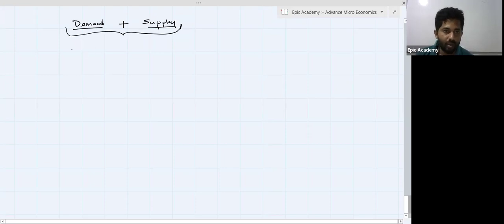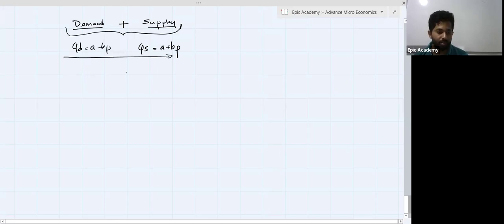Okay, we already discussed QD equals a minus bP and QS equals a plus bP. So now we have to identify the equilibrium position. What do you mean by the equilibrium position?